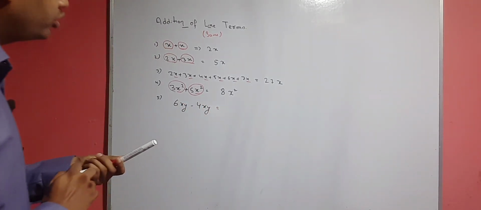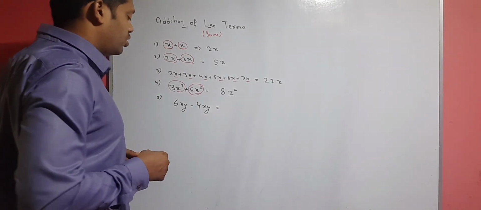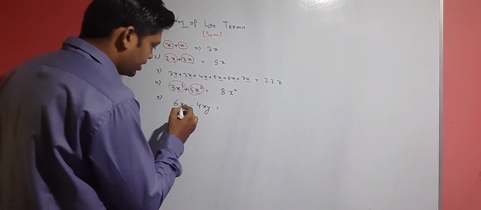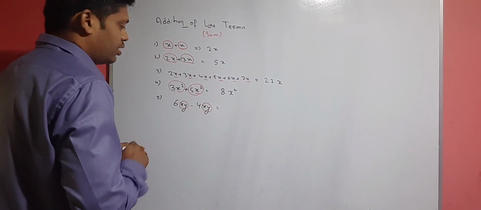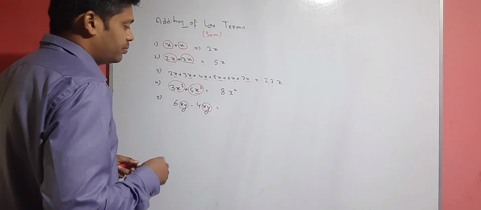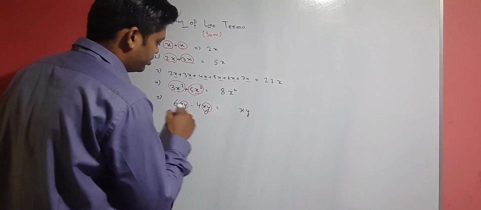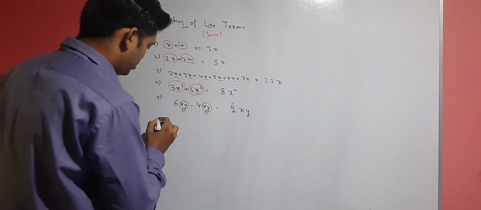Again you have to see whether they are like terms or not, because by deciding that you can say whether they can be subtracted or not. In this case xy, they are the same variables, so you can subtract. So 6 minus 4 is 2.